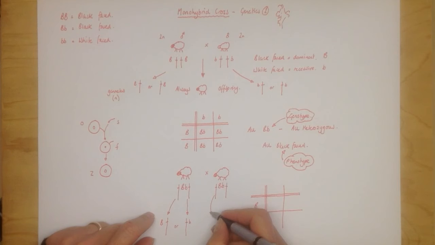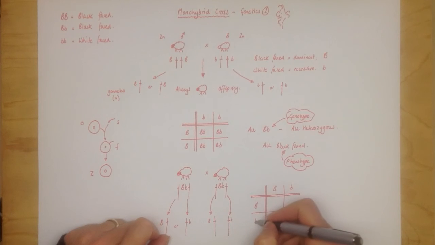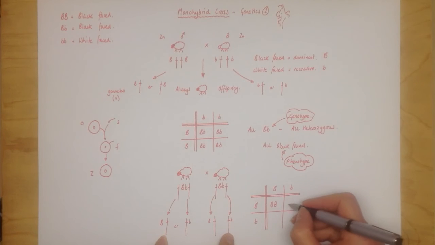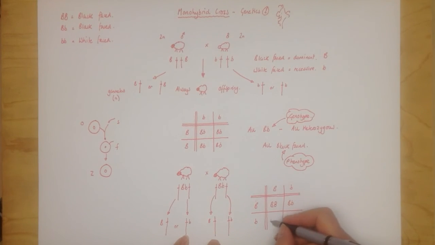Mum can make eggs with either the dominant gene in or the recessive gene in. So these are the gametes. So if this sperm meets with this egg, you get this. Nearly made a mistake. If this sperm meets with this egg, you get this. If this sperm meets with this egg, you get this. And this sperm meets with this egg, you get this.